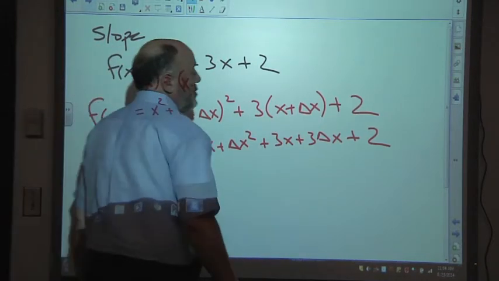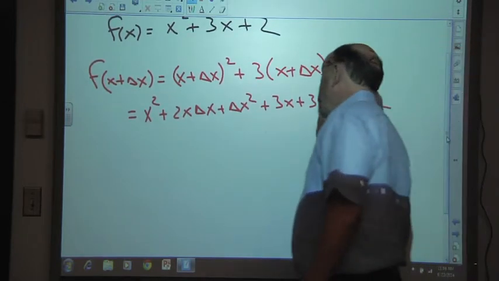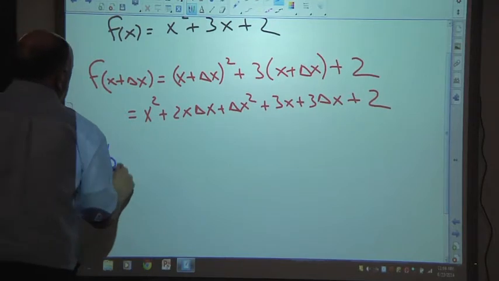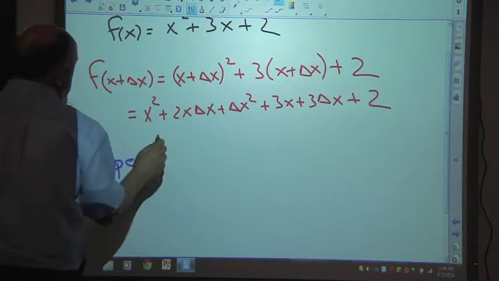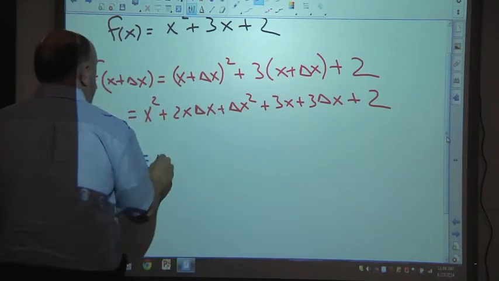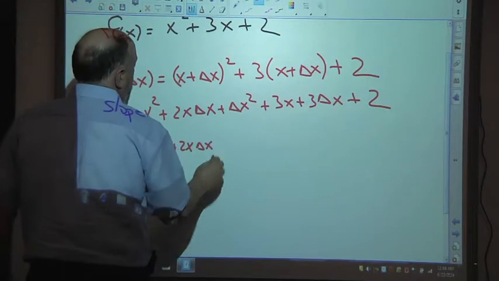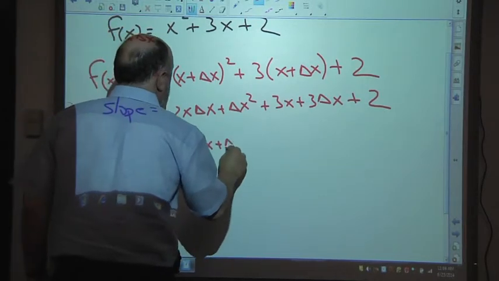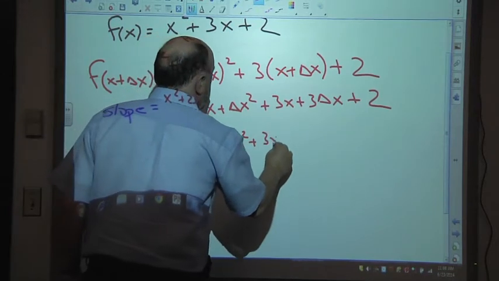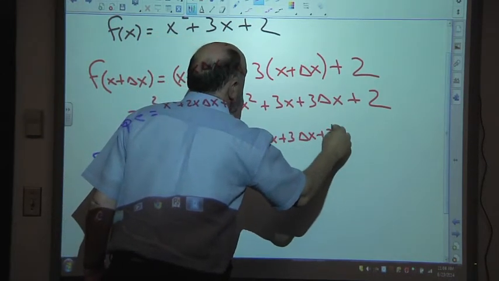And so we can now do the formula for slope. So my slope is going to equal x squared plus 2x delta x plus delta x squared plus 3x plus 3 delta x plus 2.